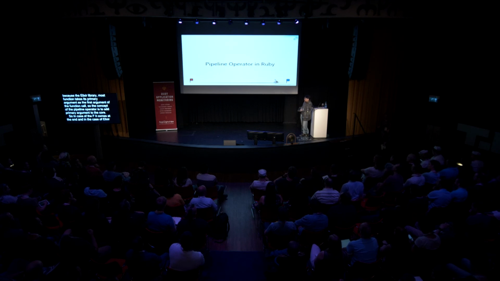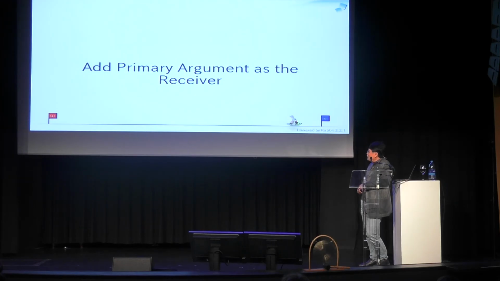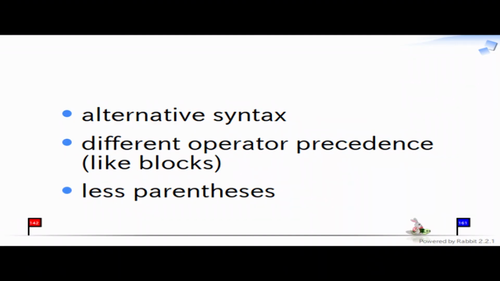So if I were to add the pipeline operator in Ruby, adding the primary argument to the call means adding it as the receiver of the method call, because most Ruby libraries take their primary argument as the receiver. In Ruby, you can chain that with the usual dot operator, so it's all out on the syntax.